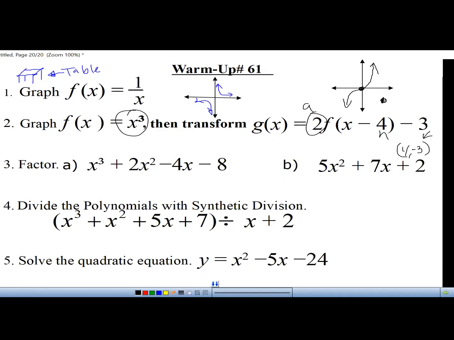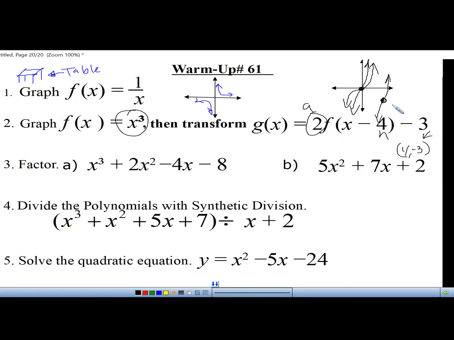Mia, what does that 2 do to the entire function? Stretches it? It stretches it. That is correct. Like so. So I'm going to graph that over here now that I have the vertex. There it is. It's stretched.